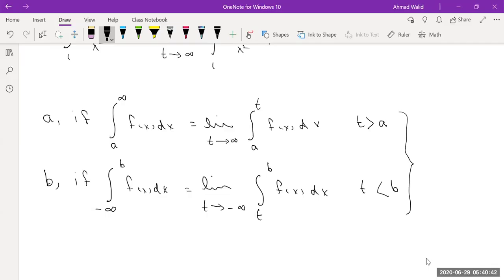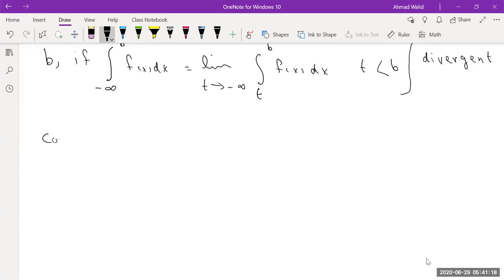Now, I will introduce two words that maybe you are familiar with. Of course, a lot of you are familiar with those words. One of them is convergent. And the other word is divergent. What does it mean?